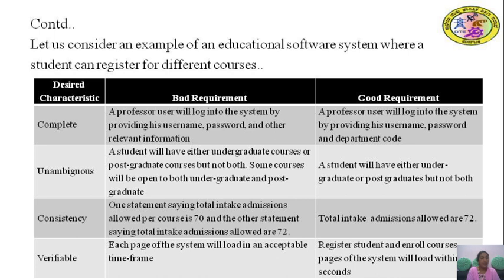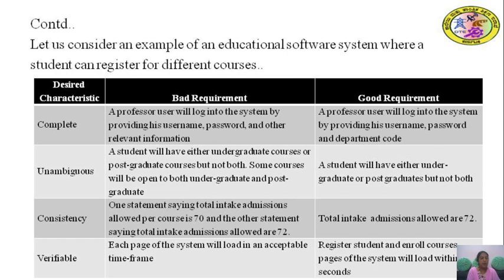Now, let us have a look at the verifiable characteristic of SRS. As we know already, each and every requirement in the SRS should be verifiable. Here the bad requirement is: each page of the system will load in an acceptable time frame. Now there are two problems with this requirement.